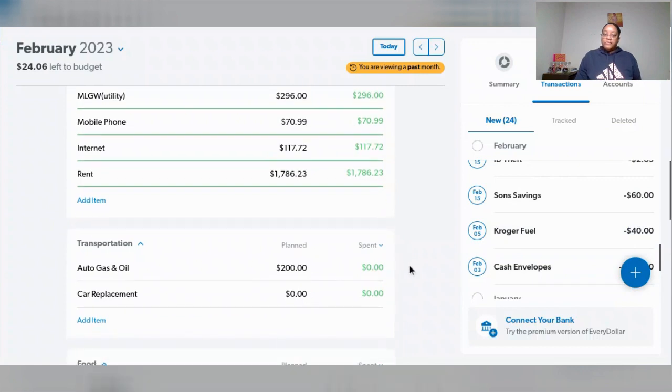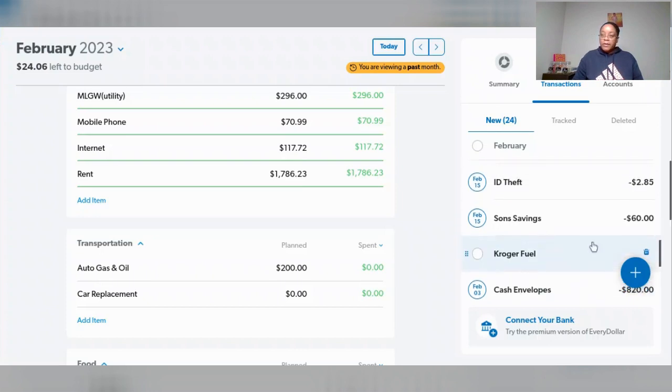Now I put gas for $40 on the 5th. Let me check something. I write down on paper throughout the month what I'm spending out of my account. So, like $40. $21.15.